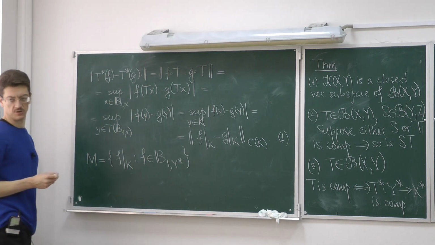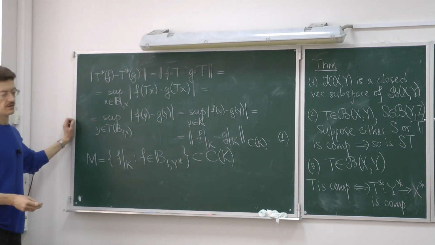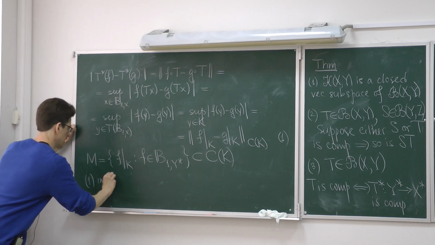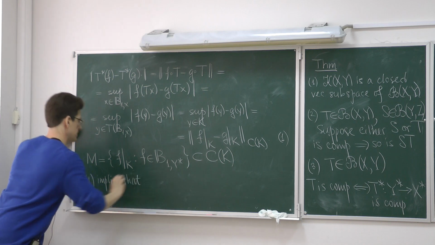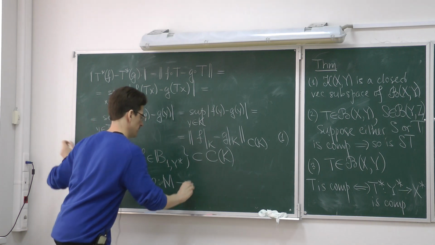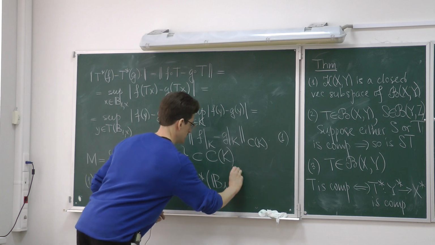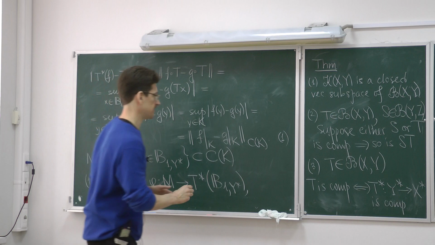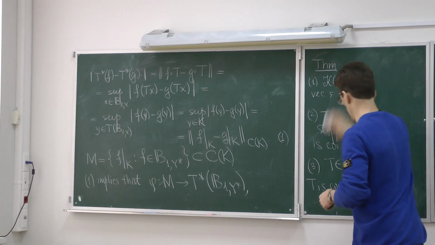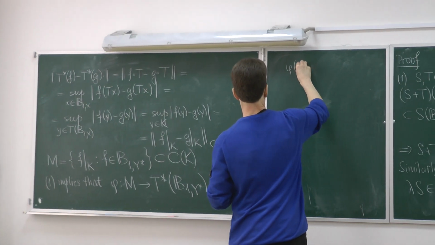So M is a subset of C of K. And now this calculation, formula 1, implies that the following map, denoted by phi, from M to the image of the unit ball under T star, which takes the restriction of each such functional to K to T star of f, is given by the following formula.